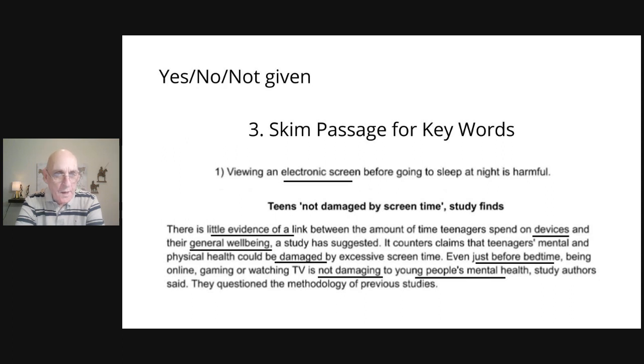So if we see viewing an electronic screen before going to sleep at night is harmful, we can see that the answer is no, because it directly contradicts. The statement completely disagrees with the view expressed in the paragraph. And we have to see this clearly, that it clearly contradicts in order for the answer to be no.